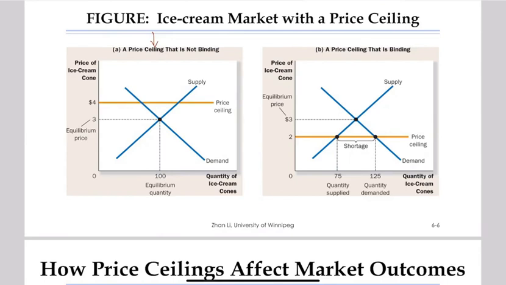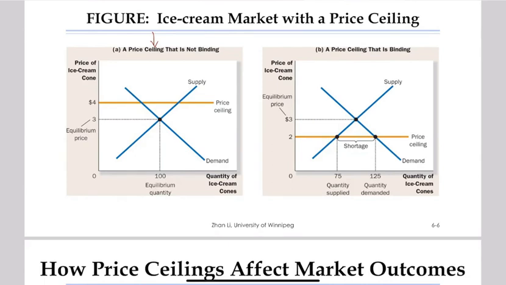Now let's look at the second case, where we have a price ceiling which is binding. Here the equilibrium price is still $3 and the price ceiling is $2. So the price ceiling is lower than the equilibrium price.